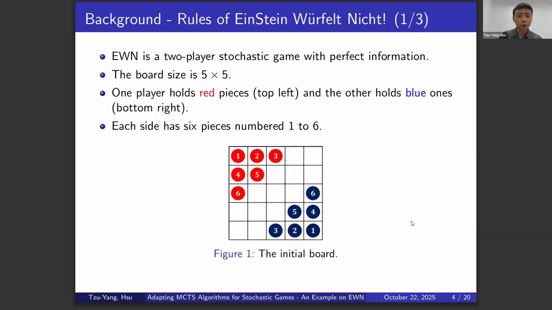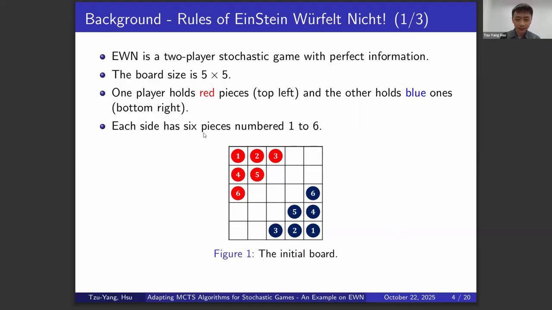First of all, I will briefly introduce the rules of EWN. EWN is a two-player stochastic game with perfect information, and the board has a size of 5 by 5. One player holds red pieces starting from the top left of the board, and the other holds blue pieces starting from the bottom right of the board.